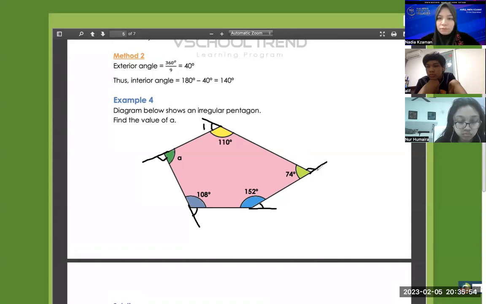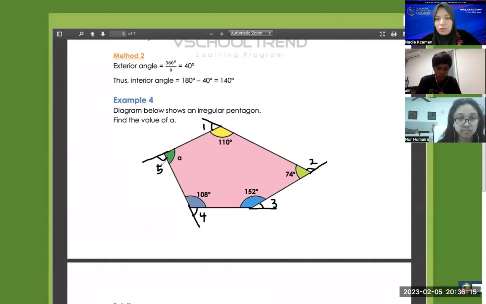We have 1, 2, 3, 4, and 5. What do we get when you add all of them together, 1 plus 2 plus 3 plus 4 plus 5?